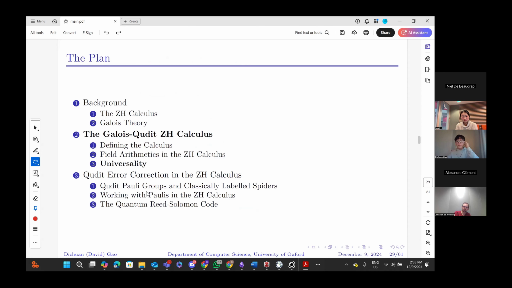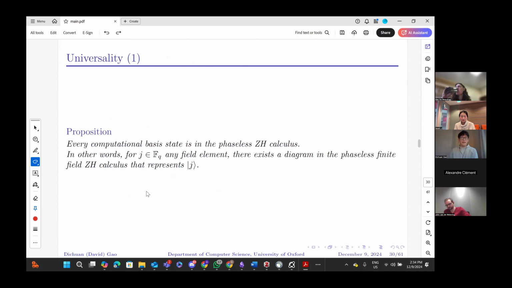So we have all the field arithmetic. Now I want to talk quickly about universality, unless people have questions about the arithmetic so far. Okay, so then with universality, first we at least need to have every computational basis state in our graphical calculus.